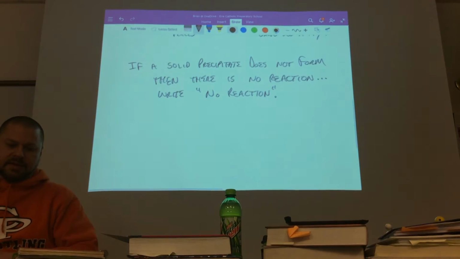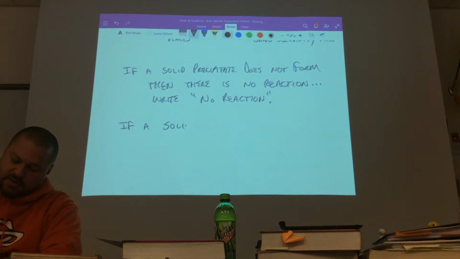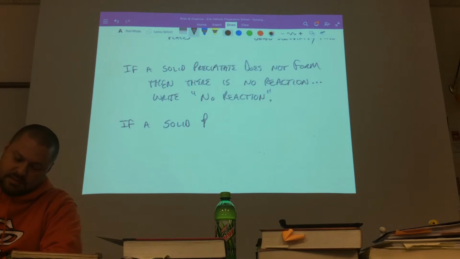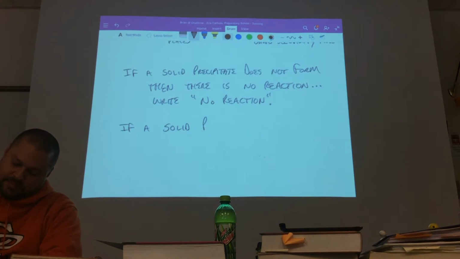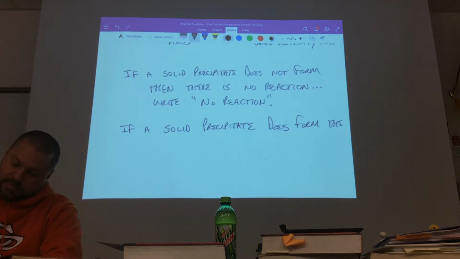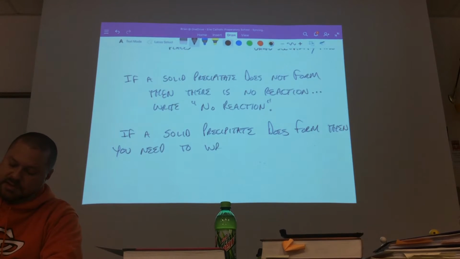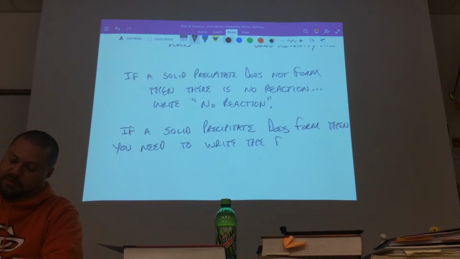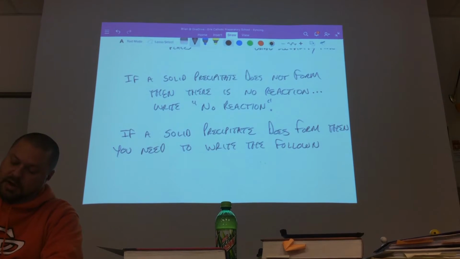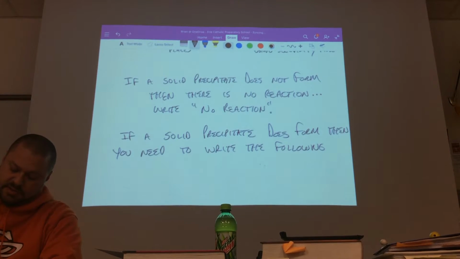If a solid precipitate does form, then you need to write the following 3 equations.